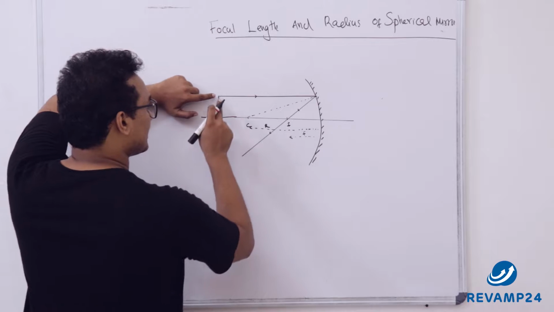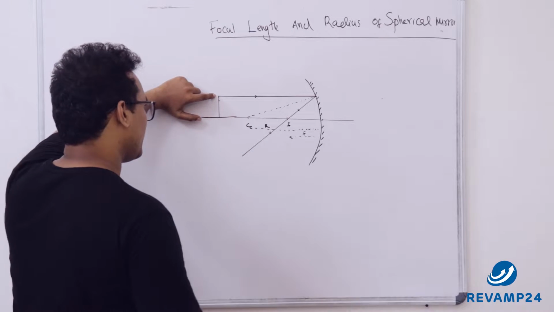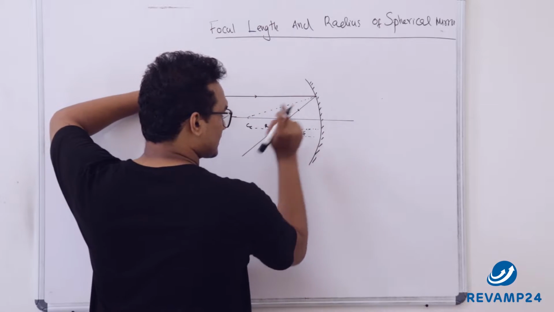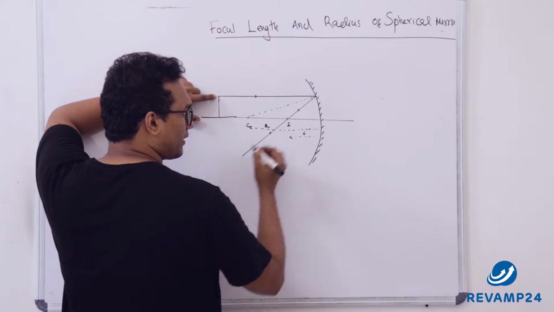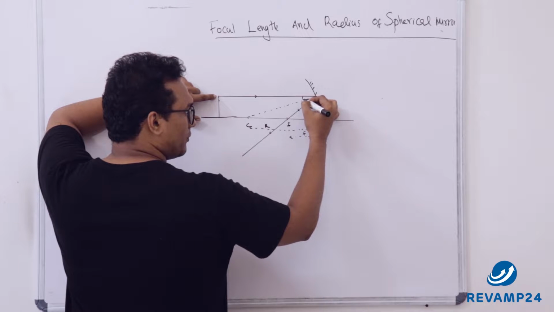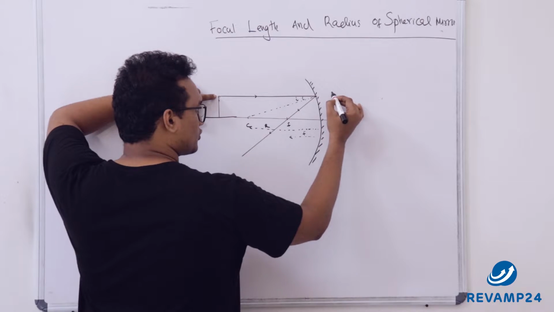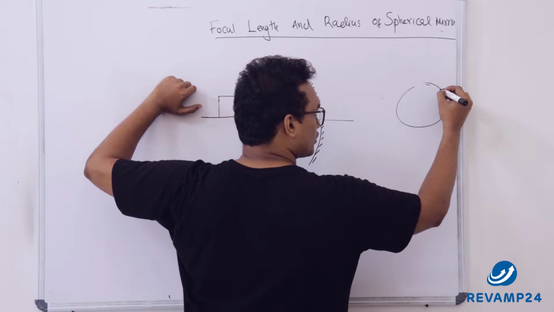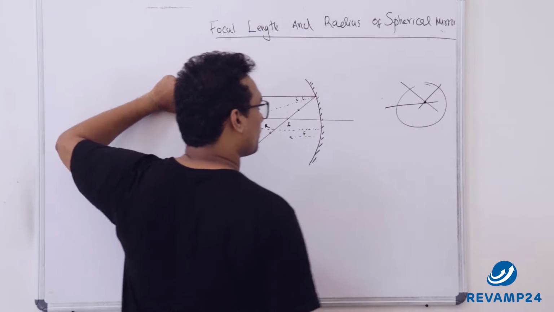Let's say an incident ray, this is the object. Now from the object an incident ray is coming in this direction, and after meeting the mirror it will make an angle of incidence with respect to the normal. So always in a circle, the normal to any surface would pass through the center of the circle. We know that property, right?